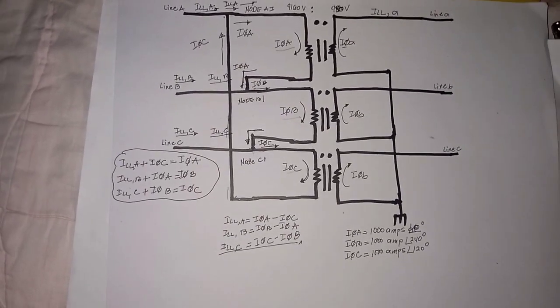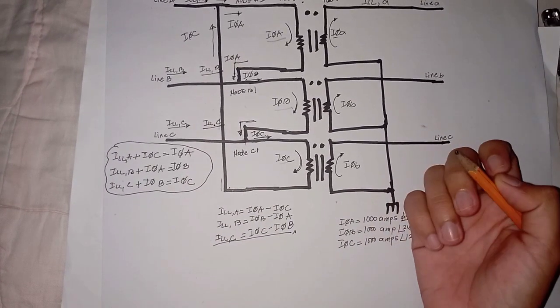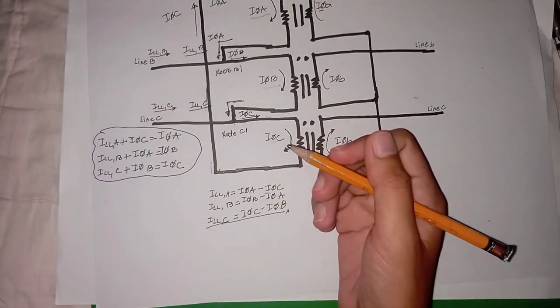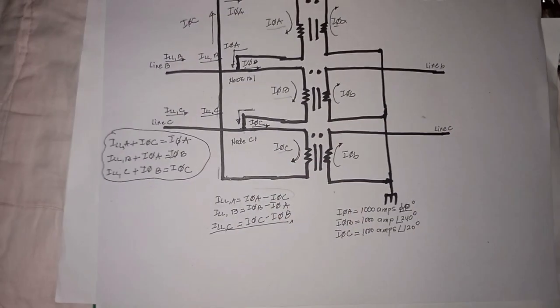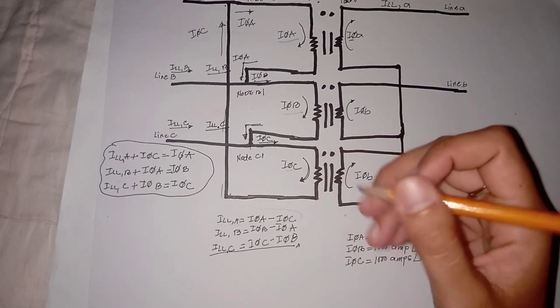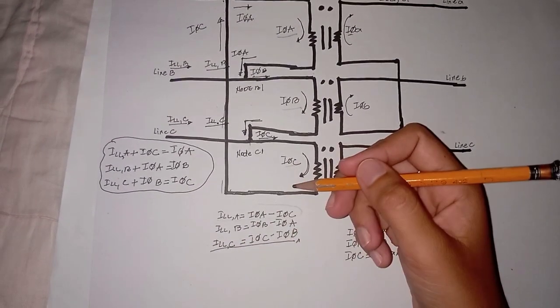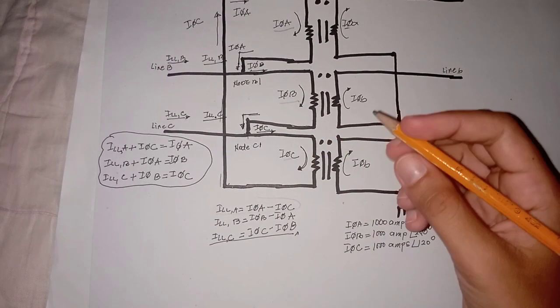So now we're doing a nodal analysis on node A1, and we're trying to solve with a phasor diagram this particular equation, where the line current equals phase current A minus phase current C. So let's draw a phasor diagram.